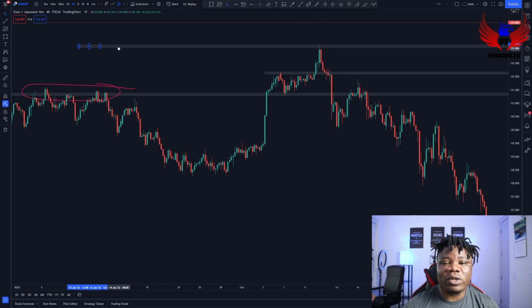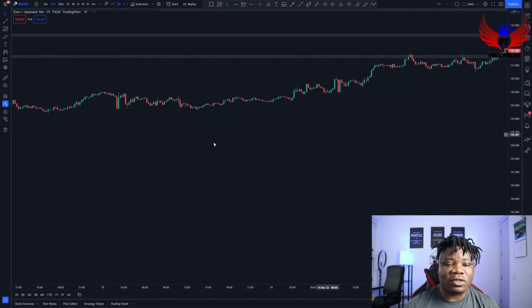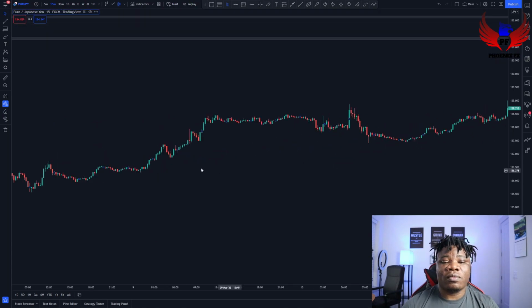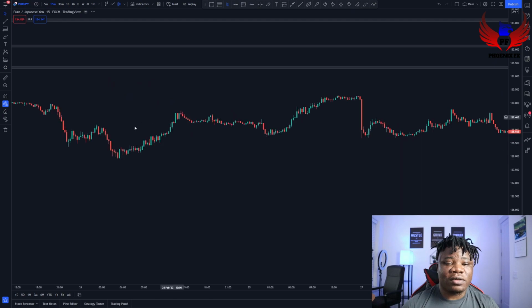So now that we've identified those zones, now it's time for us to go to the 15-minute time frame. So we go to the 15-minute time frame here, and we just look for that zone real quick, and we'll be able to take our sell position.